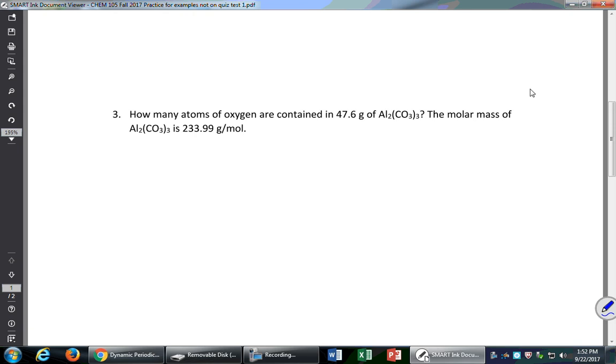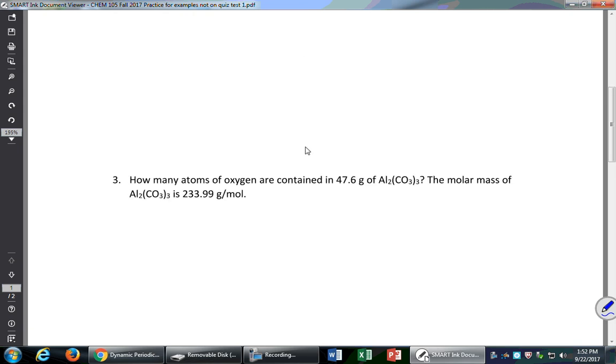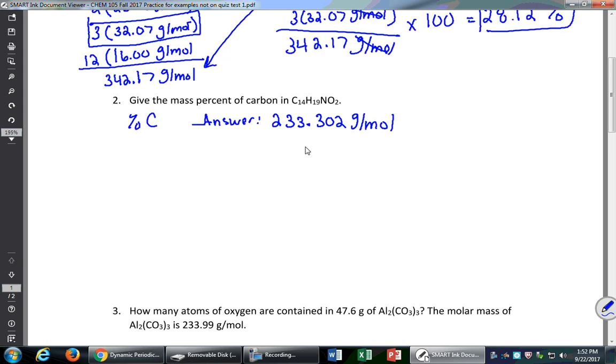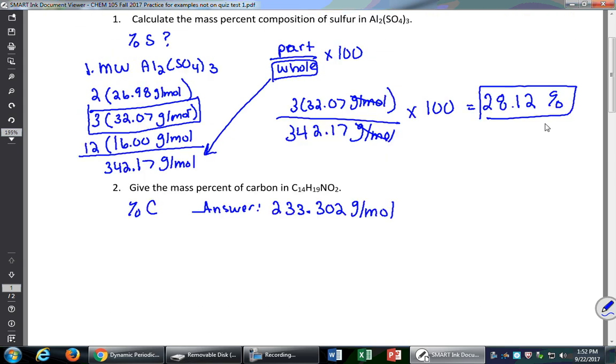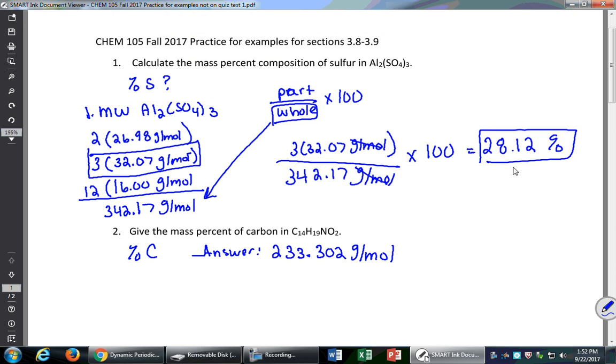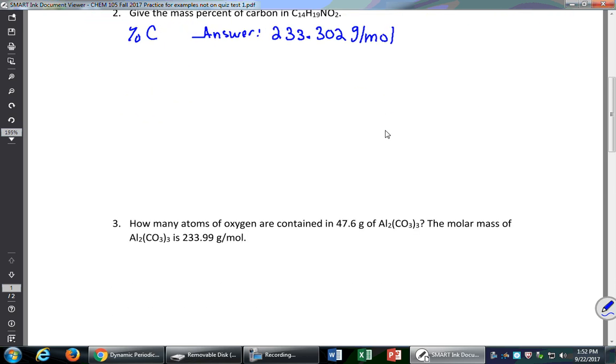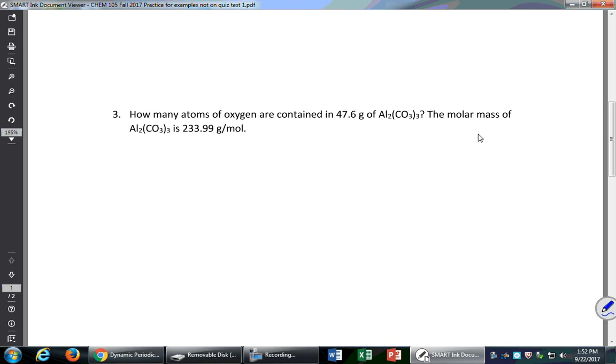We talked about this today, that we can use our percent as a relationship. We can use that relationship saying that if we have 28.12 grams of sulfur, that gives us our relationship to our 100 grams of our full compound. So we talked about that today, so we could do that again here.